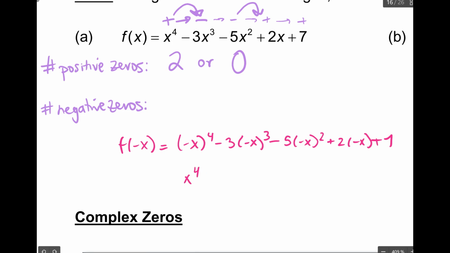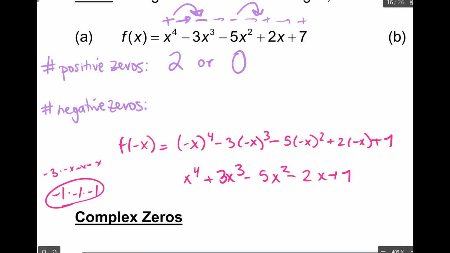Then negative 3 times negative x times negative x times negative x, so all these negatives are going to cancel out, so I'll have plus 3x to the 3rd. Negative x squared is still x squared, so it's positive because negative times negative is positive. And then I have minus 2x plus 7.